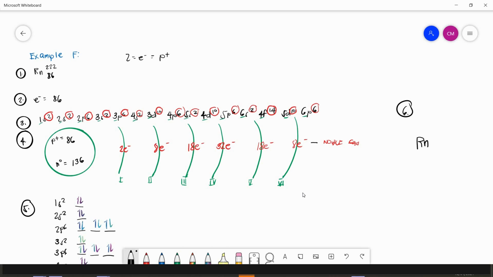So remember, in the outermost shell of radon, we have 8 electrons. So we draw it like this. 1, 2, 3, 4, 5, 6, 7, and 8. That makes it a very stable atom. That's why it belongs to the noble gases. This ends example letter F.